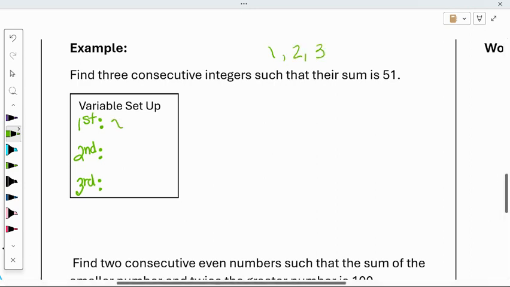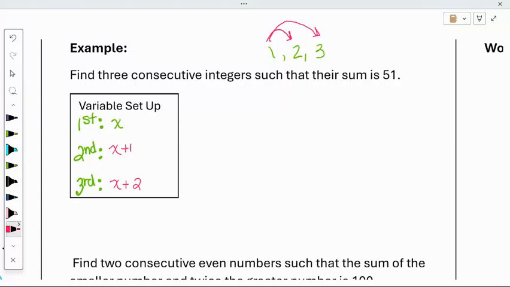So if the first one is x, ask yourself, what do you do to the number 1 to make it equal 2? x plus 1. Good job, you guys. And what do you do to the number 1 to make it equal 3? Good job. Perfect. So 3 consecutive integers such that their sum is 51.